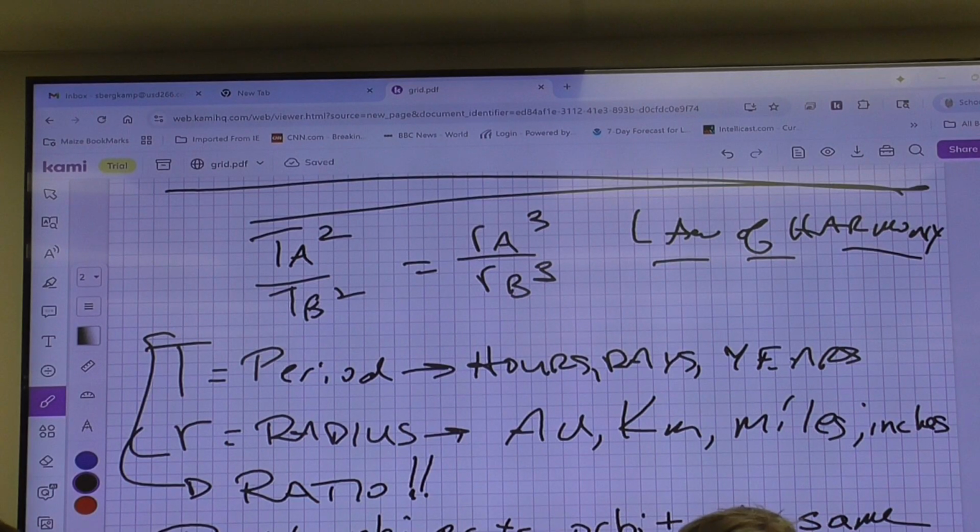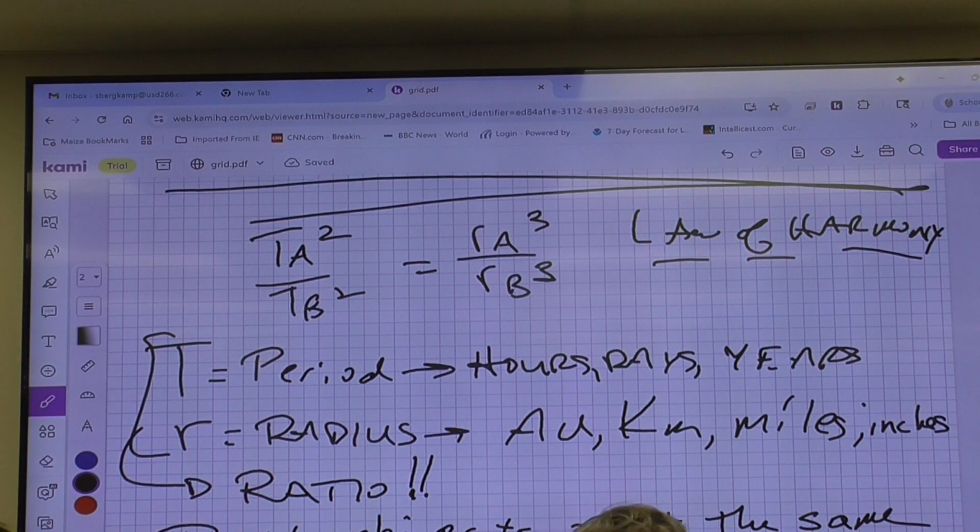Same thing with radius. The radius could be in inches, millimeters, astronomical units, miles, light years. Don't care. They just have to be in the same units because it's a ratio. I will never say this again in the history of this class, that the units don't matter. They don't, because it's a ratio.